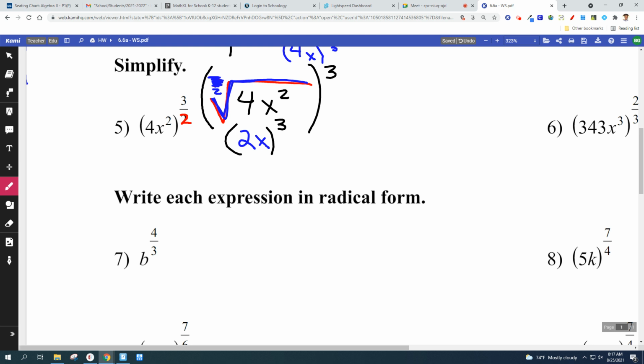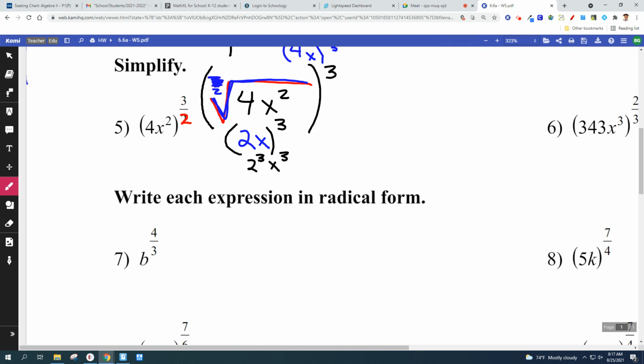Okay? So generally when it says simplify, it means get rid of like terms, get rid of parentheses if you can. I can simplify this, okay? Because I've got 2x to the third power. I've got 2 to the third, x to the third.